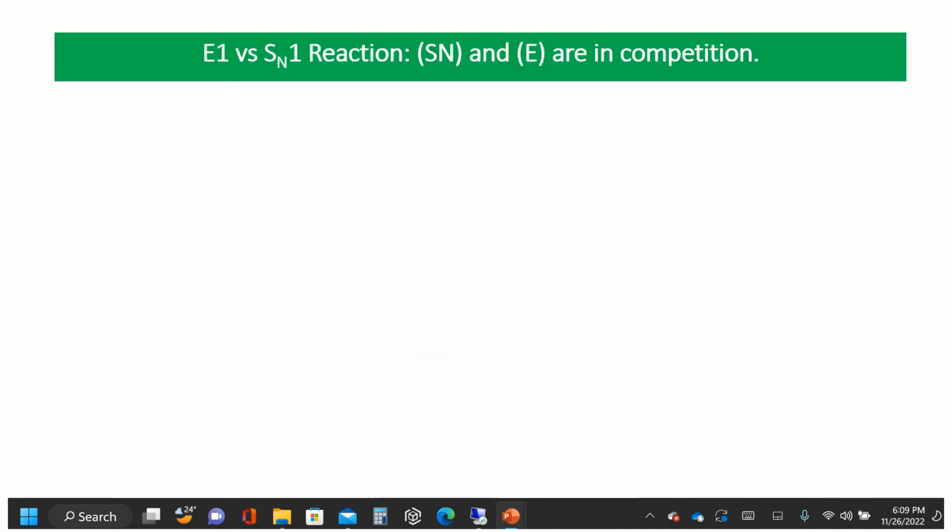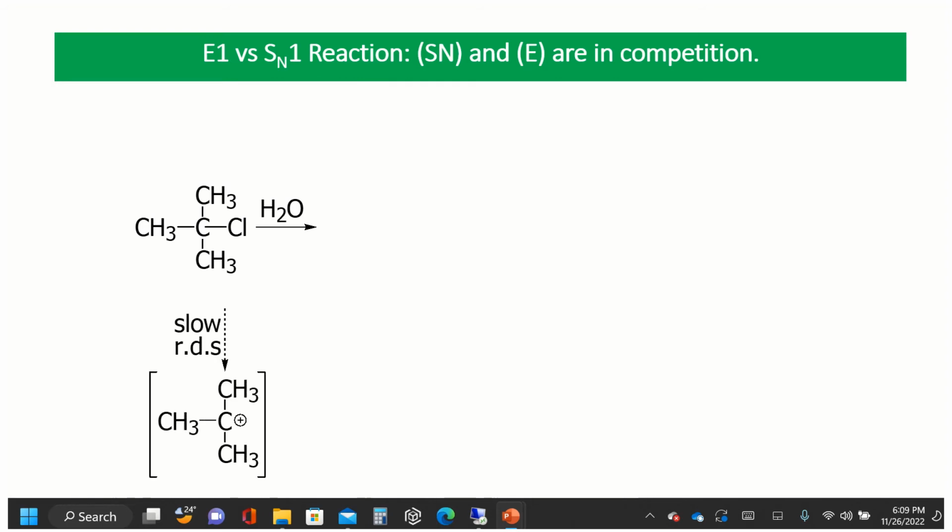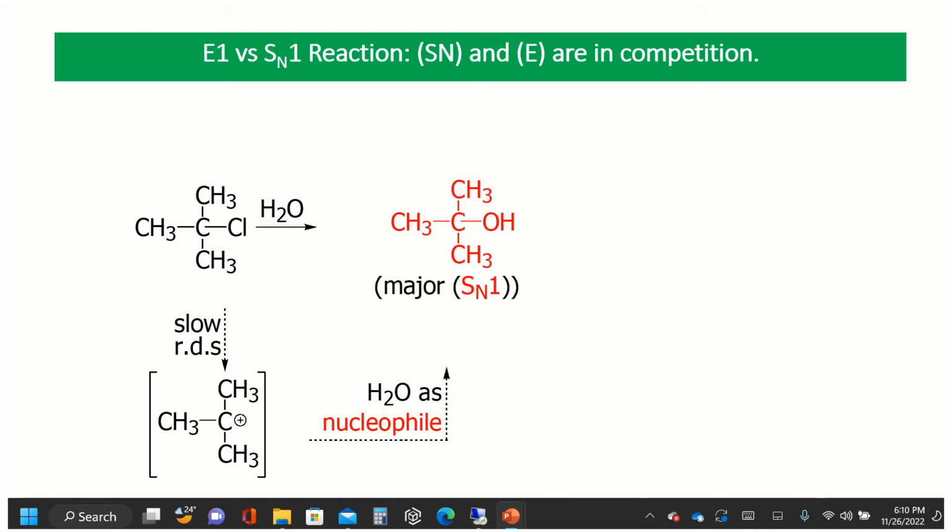So if we look closely at, for example, we have here a beta chloride. The rate determining step, where we have dissociation of the leaving group, gives a carbocation, which then gets attacked by the nucleophile, and subsequently we can end up with a substitution product, or if it acts as a base, we end up with an elimination product.